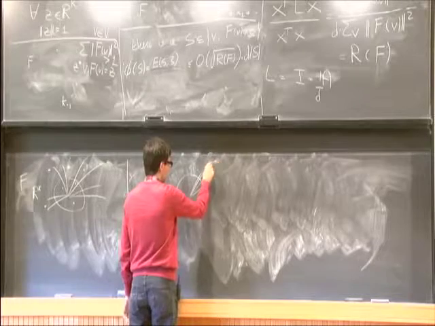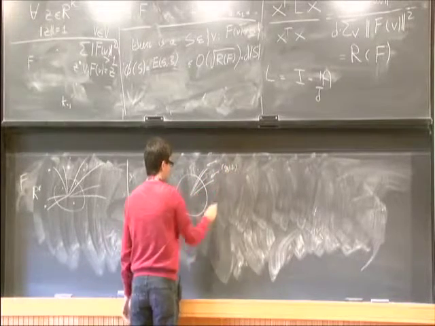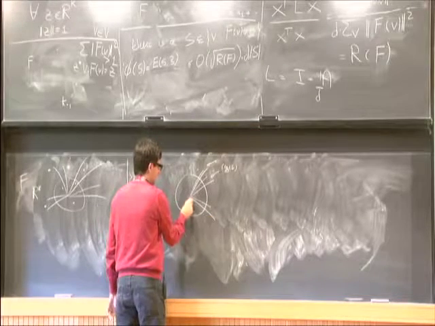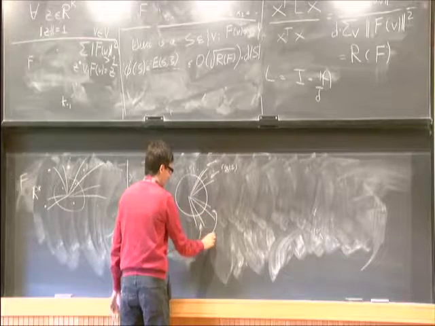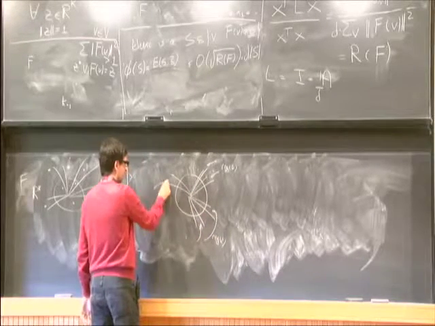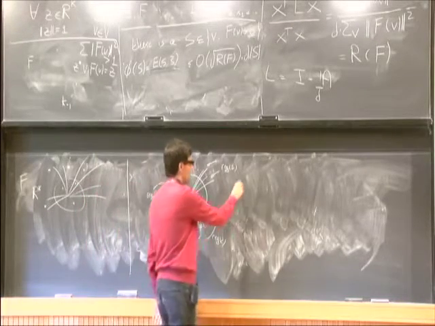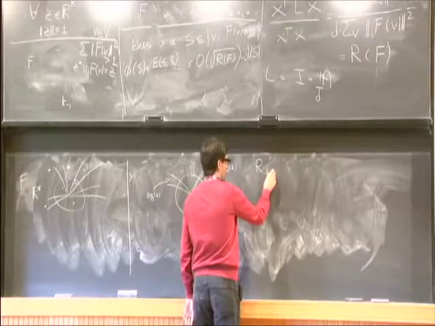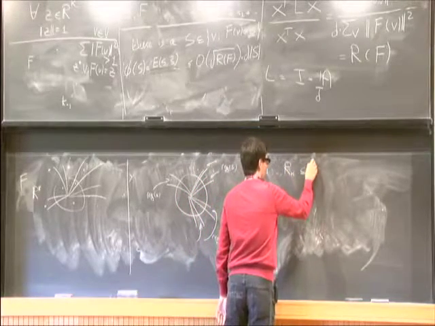So this could be region 1, and then maybe some other pair of cones would be region 2, and so on. So I want to find k regions R1 through Rk.